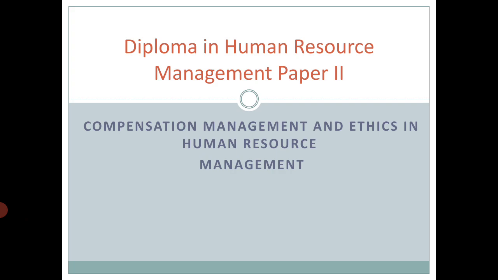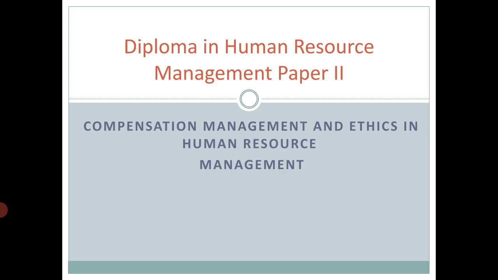Paper number 3 also has a weightage of 100 marks. Now, considering the nature of all three papers, paper 1 is entitled Management of Industrial Relations, in which we went through 4 different topics, and we will be revising those 4 topics.